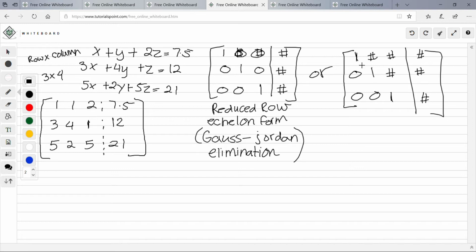It's almost the same thing. We both have a diagonal of 1, but the entries below the diagonal are 0 and the entries above are numbers. This is what's called row echelon form, also known as Gauss elimination.